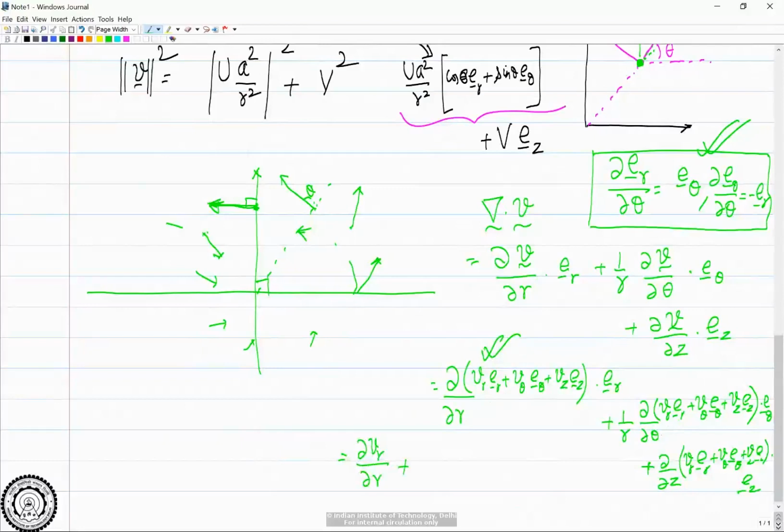Okay, before that, you see you are taking a derivative with theta. So er and e theta also have to be differentiated.